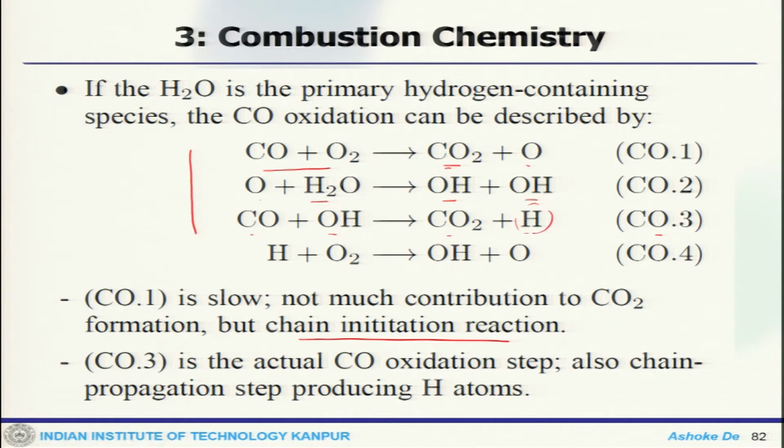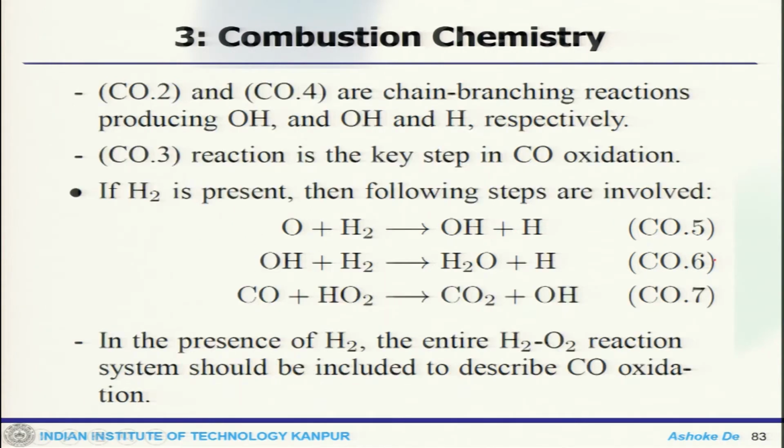Then reactions 2 and 4 are chain branching reactions which produce OH and H, and the CO plus OH reaction is the key for your CO oxidation. Now, if hydrogen is present, then some of these steps are also involved.